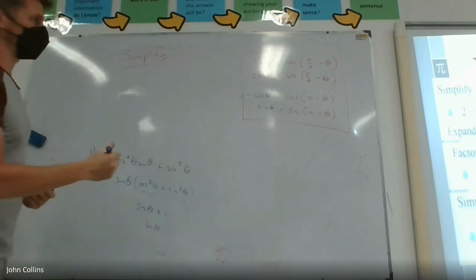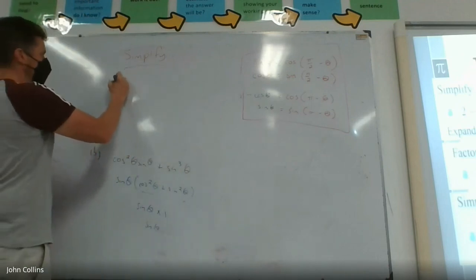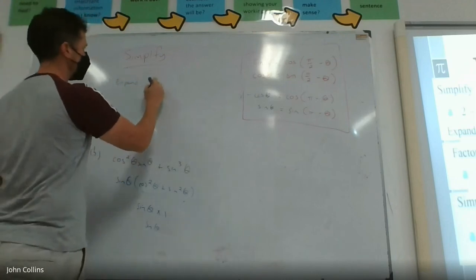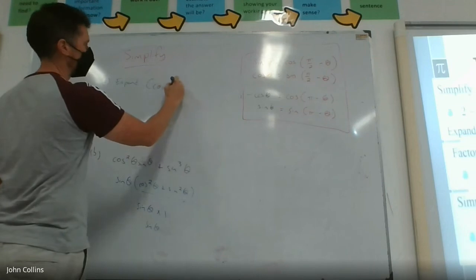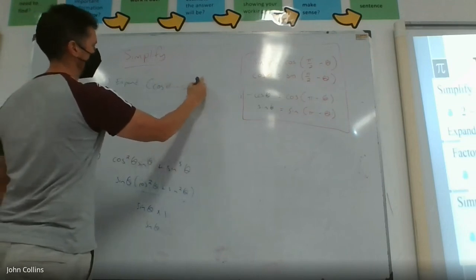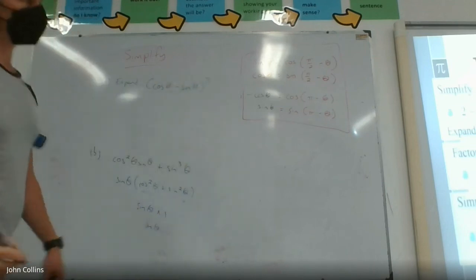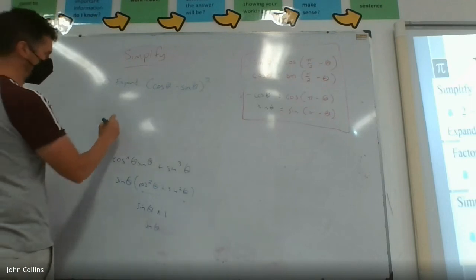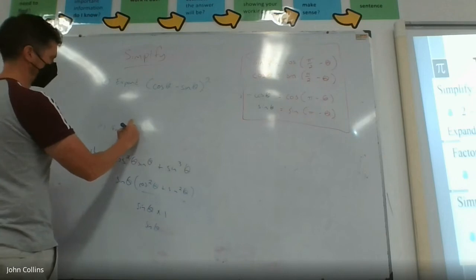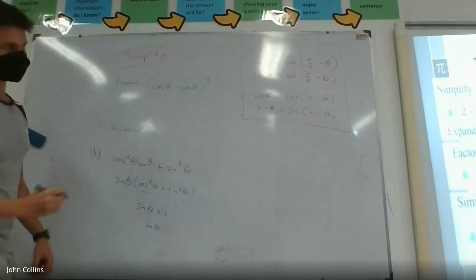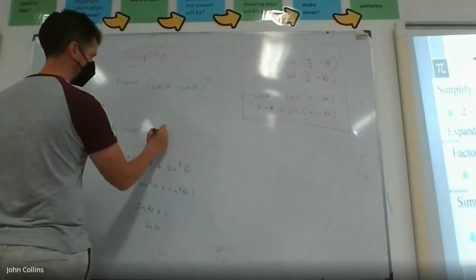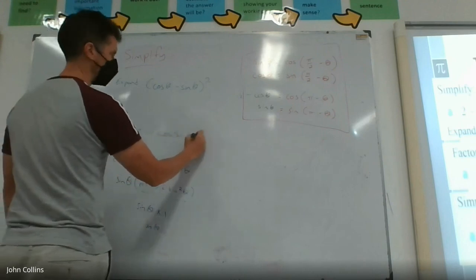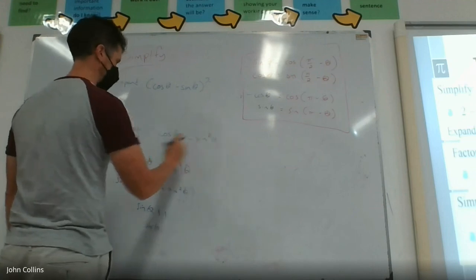Okay, so first one, it's asking us to expand and then simplify cosine theta minus sine theta, squared. Next one's asking us to factorize cosine squared alpha minus sine squared alpha.